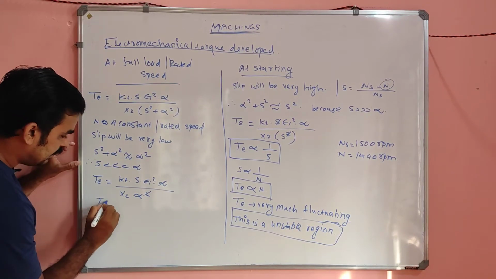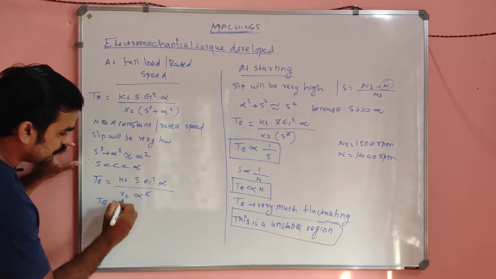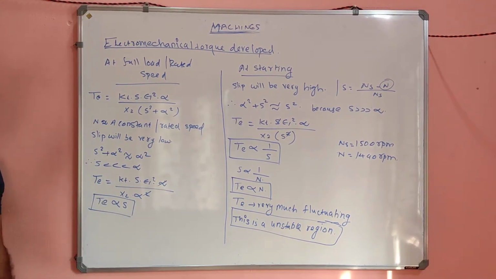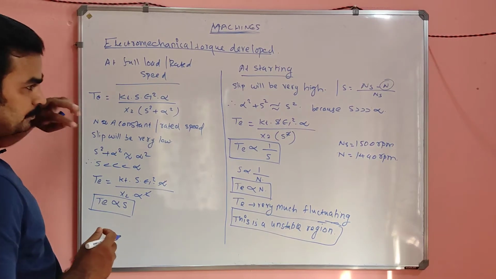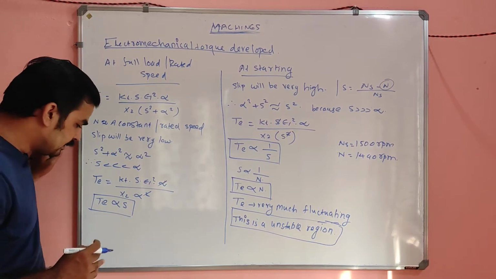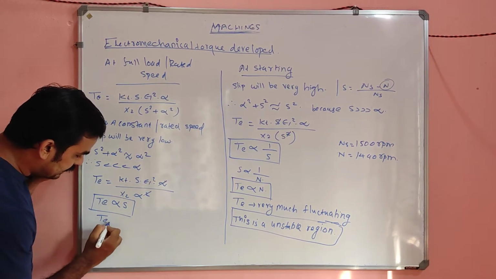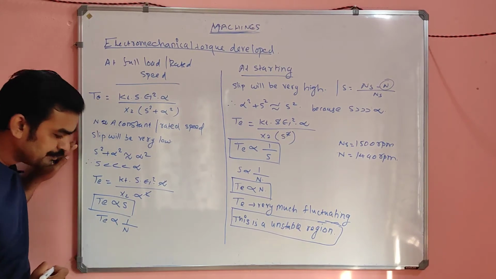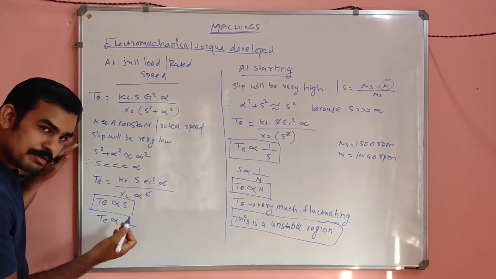So TE is proportional to S. Correct? T proportional to S. That means T proportional to S is nothing but 1 by N.